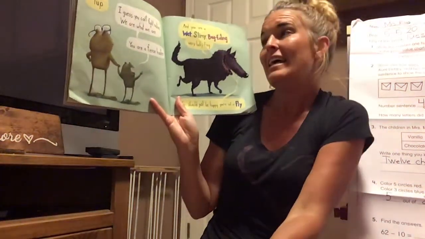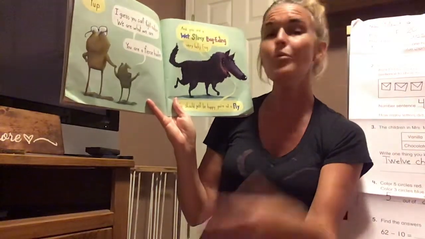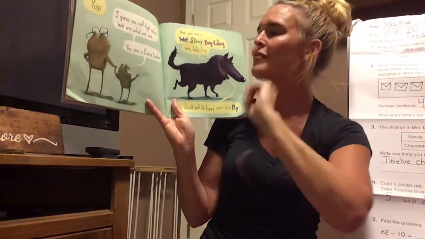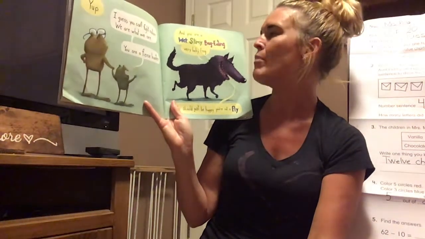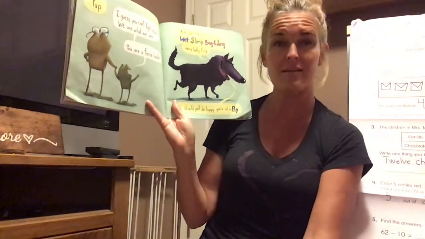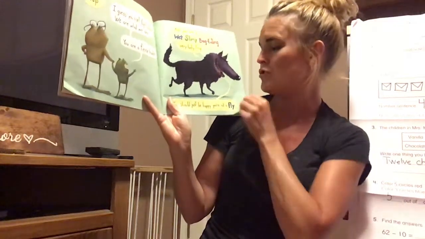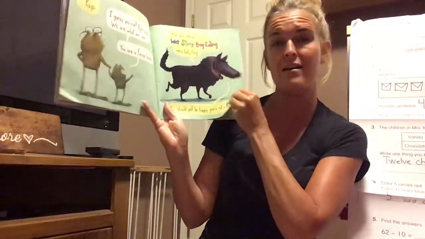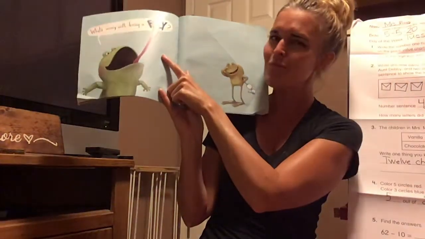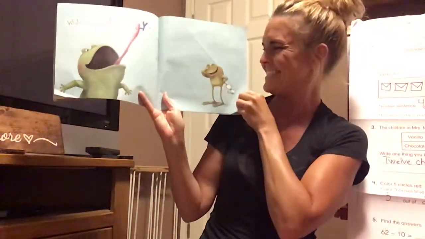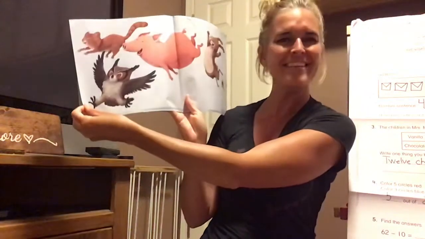Yup. I guess you can't fight nature. We are what we are. You are a fierce hunter. And you are a wet, slimy, bug-eating, very lucky frog. You should just be happy you're not a fly. What's wrong with being a fly? The end.